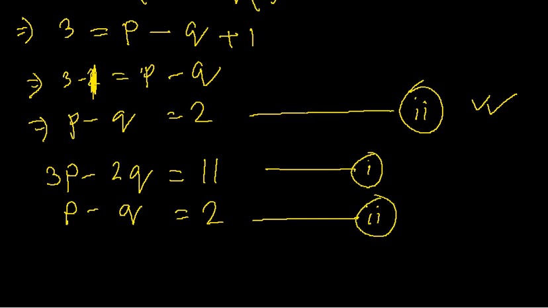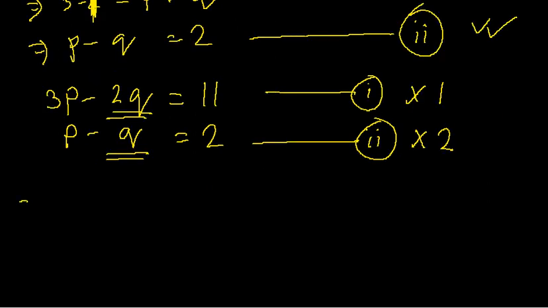Now if we want to cancel q, then equation 2 should be multiplied by 2 and equation 1 by 1, because here it is 2q. If this is 2q, then we can subtract and the 2q will be cancelled.